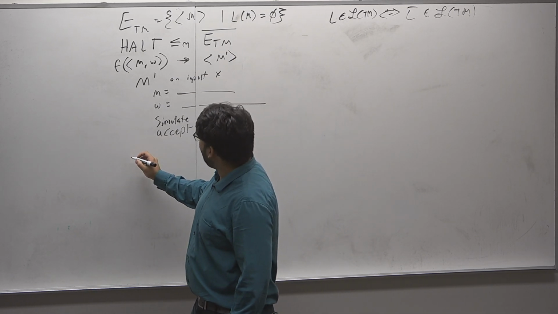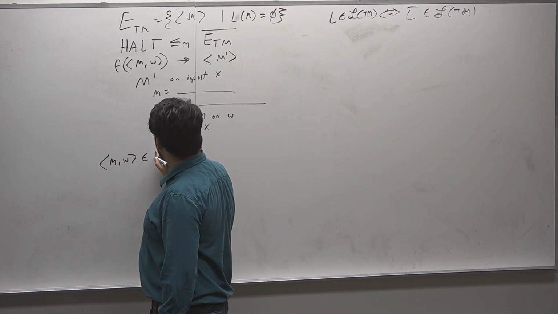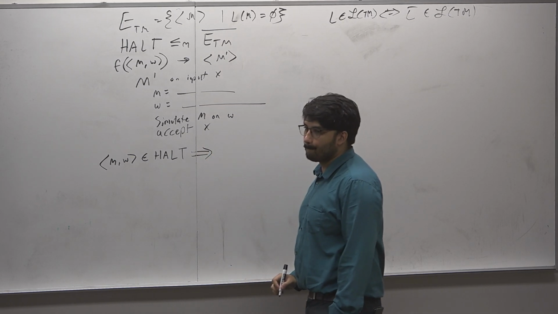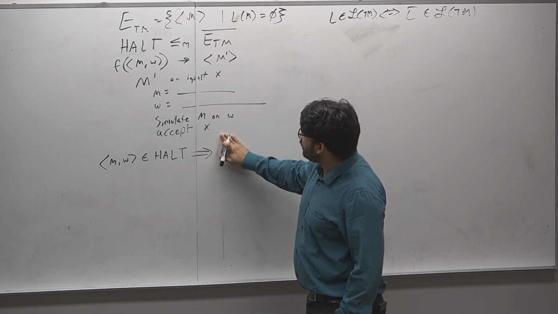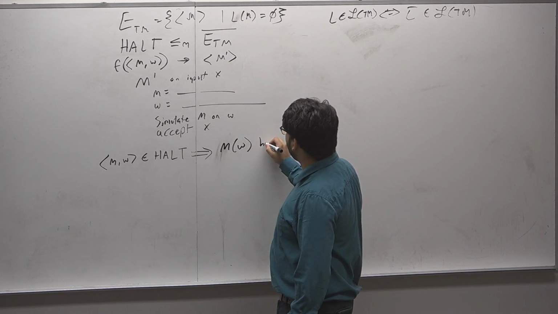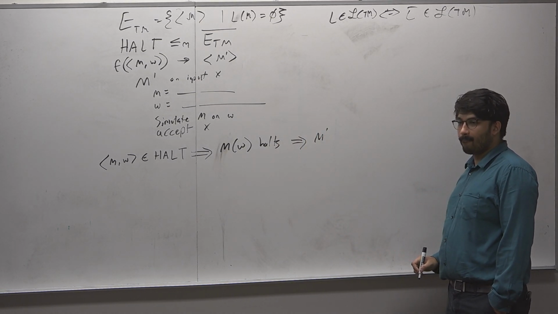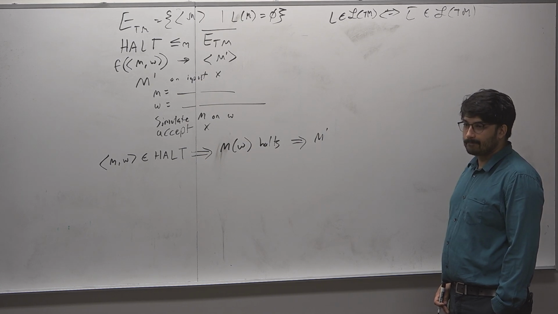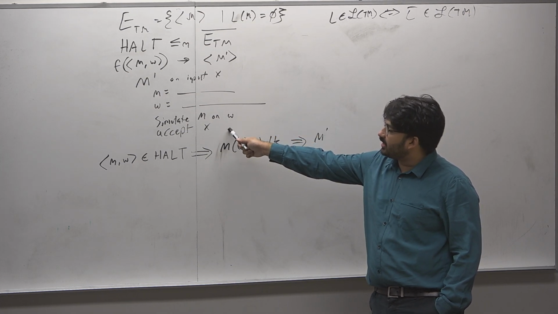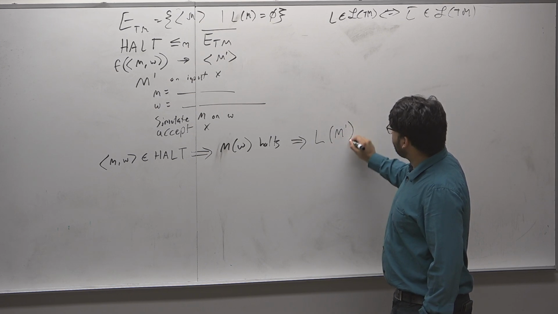So, that's the reduction. You take as input M and W, and the reduction writes down the code of this machine. Why does this work? Suppose that M comma W is in halt. What is the behavior of M prime? Well, to take a step before that, if the string M comma W is in halt, then we know that the machine M halts on the word W. So what do we know about M prime? It halts, or, well, it accepts. In fact, it's both. It halts because it's going to accept all strings. So since it accepts all strings, what is the language of M prime?